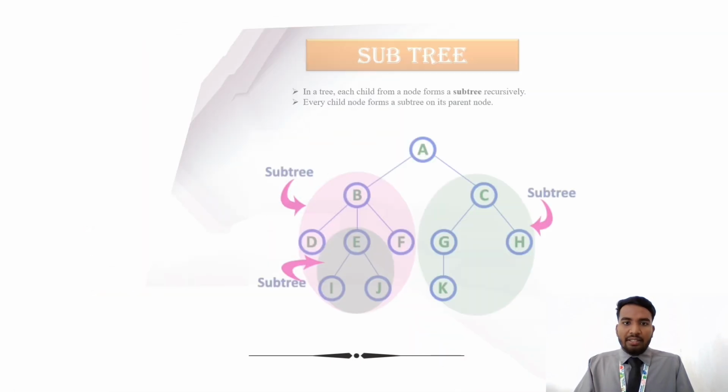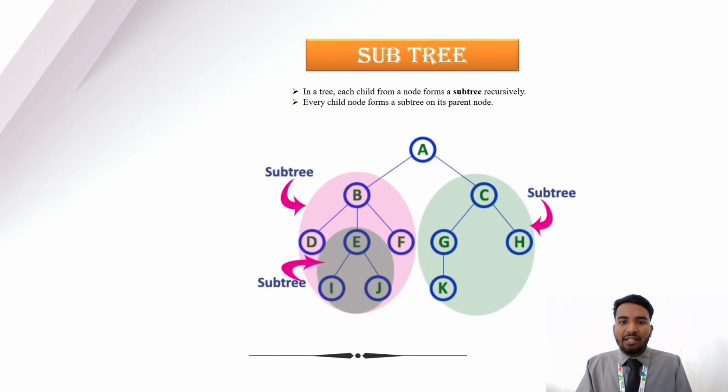And the next one is the subtree. In a tree, each child from a node forms a subtree recursively. Every child node forms a subtree under its parent node. Here we see that B, D, F, this one is a subtree. E, I, J, this one is also a subtree because there is a root node and child nodes.